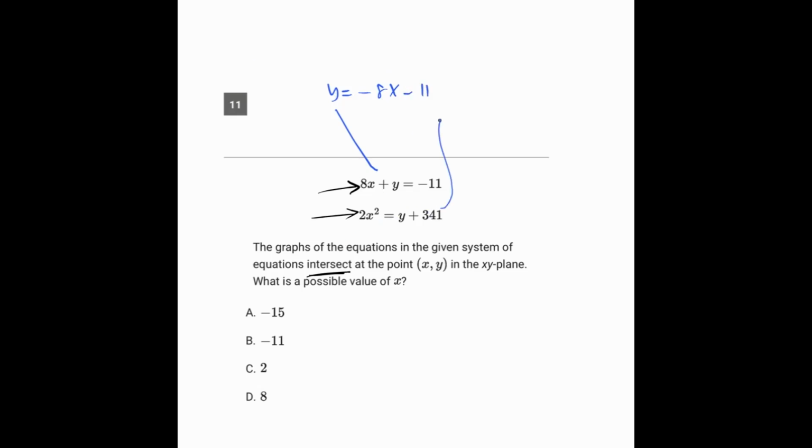And on the other one, we can take away 341 from both sides. It will have y is 2x squared minus 341. So we got them both in the y equals format, and if we set them equal, we'll have negative 8x minus 11 equals 2x squared minus 341.